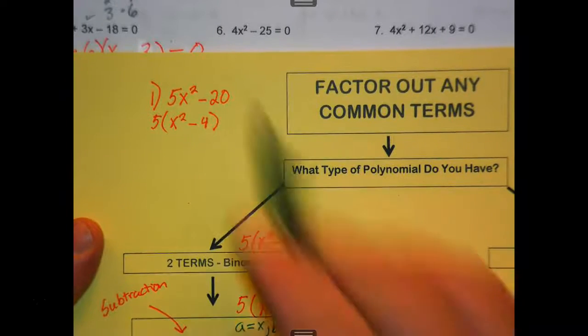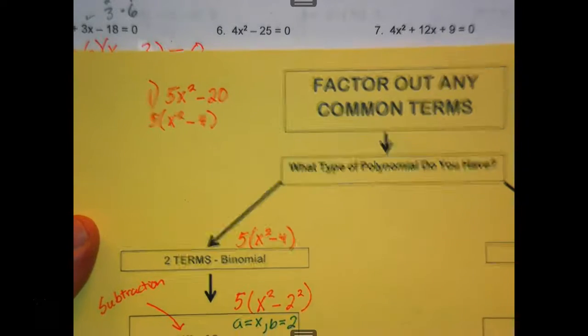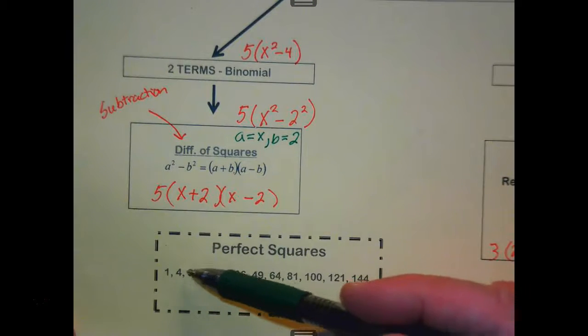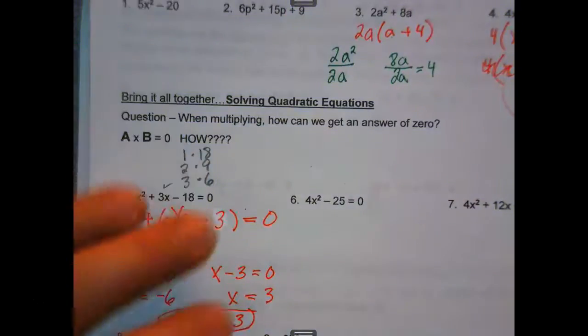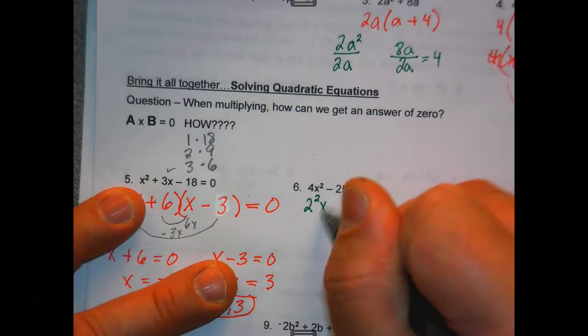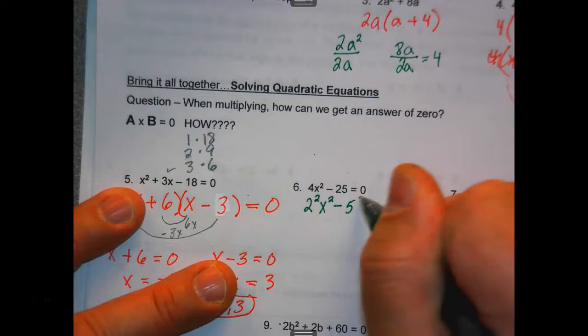Is 4x squared and 25 perfect squares? Yes, well, we know 4 is, and we have 25, so they are. So let's write this as perfect squares. So I have 2 squared x squared minus 5 squared equals 0.